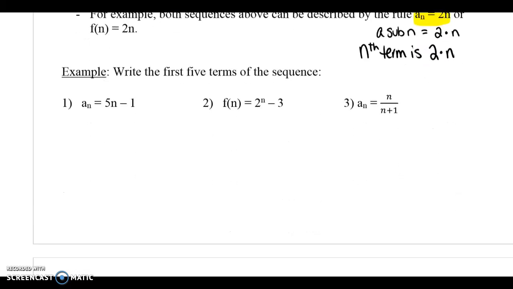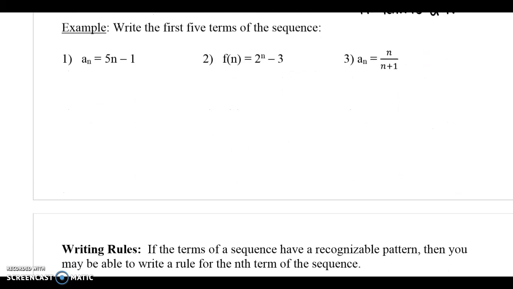So first I want to get you familiar with the symbols and how to write the terms of a sequence based upon the rule. So this sequence is defined by the nth term equals 5 times n minus 1. So the first term is going to be 5 times 1 minus 1, which would be 4.